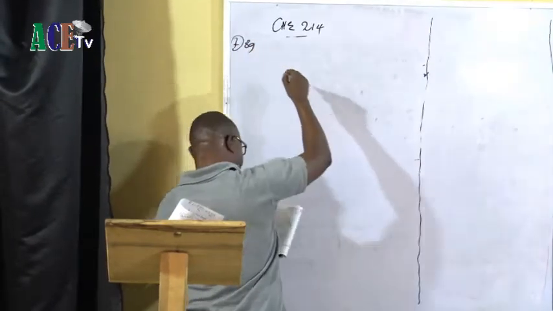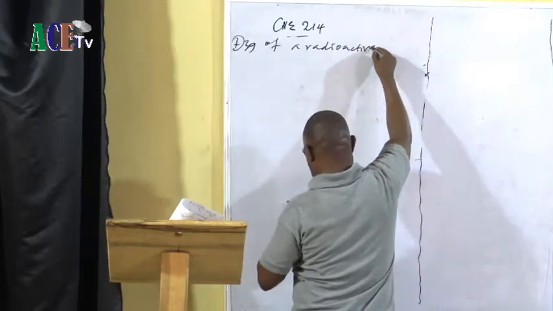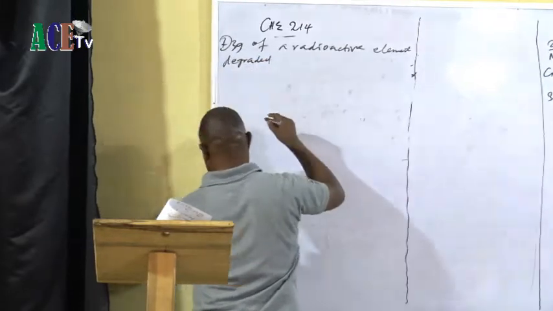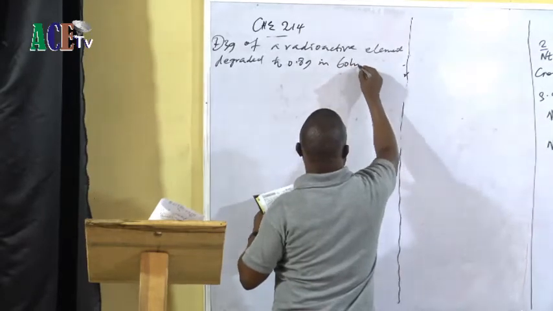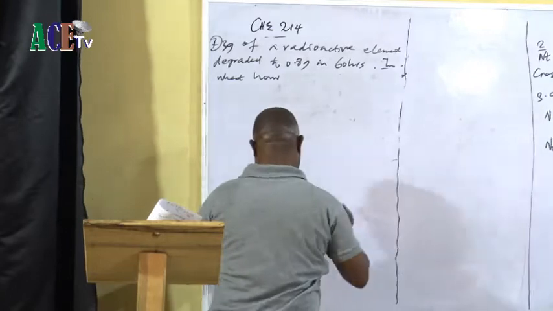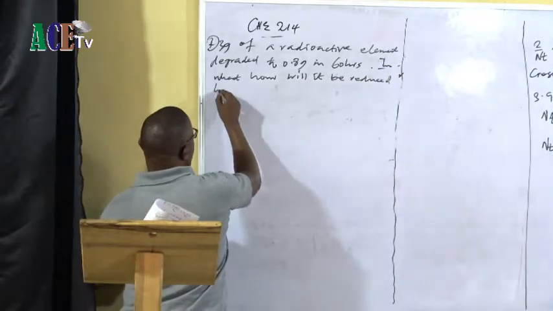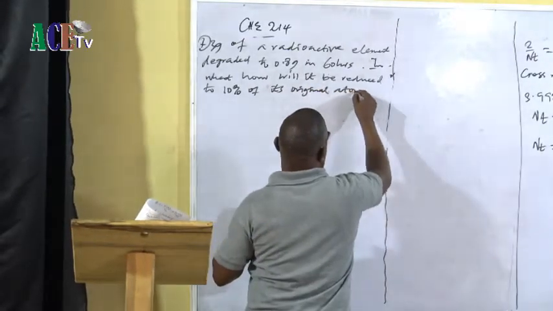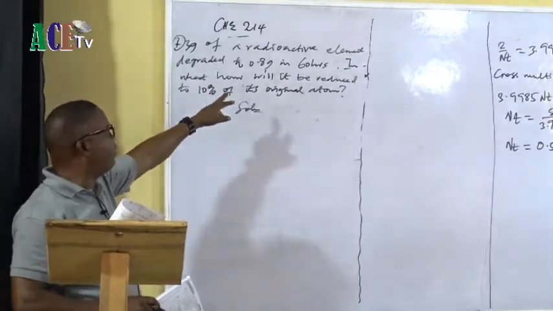3 grams of a radioactive element degraded to 0.8 gram in 60 hours.